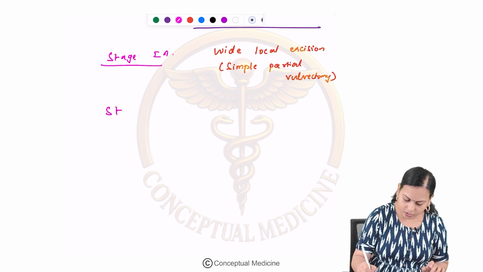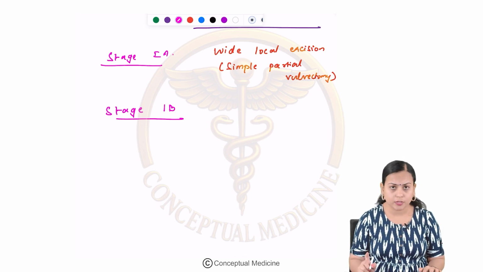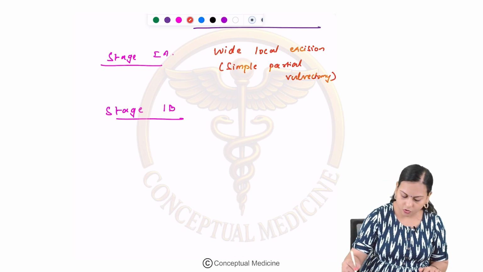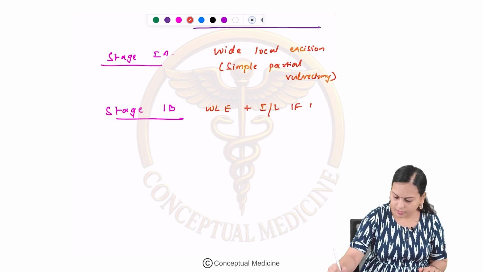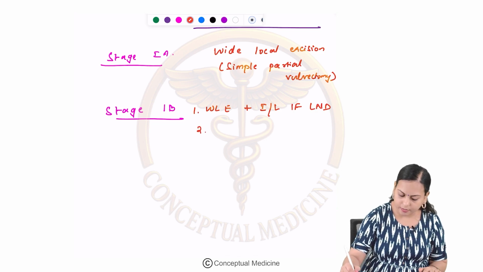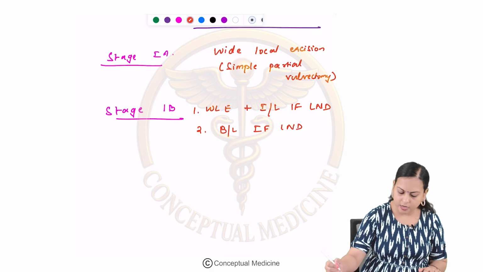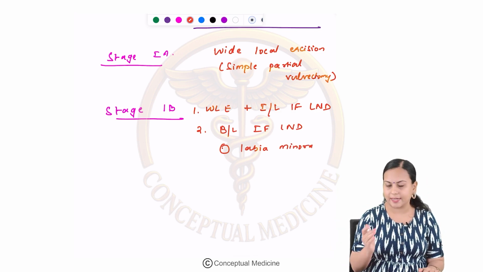And for stage 1B, okay, when the stromal invasion is more than 1 millimeter, you have to offer them wide local excision with ipsilateral inguinofemoral lymph node dissection. Okay, and second one, you can even offer bilateral inguinofemoral lymph node dissection when there is involvement of labia minora, because it is coming more to the midline, right?